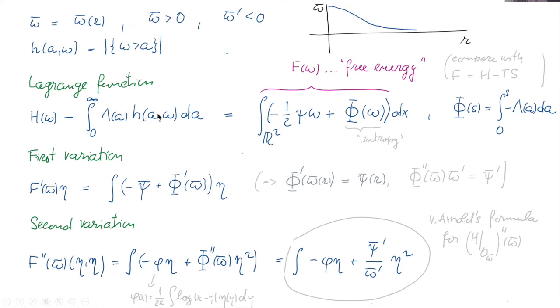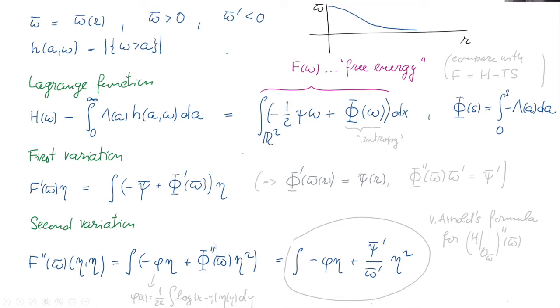If we want to choose the right Lagrange multiplier, the first variation has to vanish. From that we can calculate what the lambdas are, and that gives us this integral. So we can actually calculate this Lagrange function quite explicitly, and we also calculate the second variation.